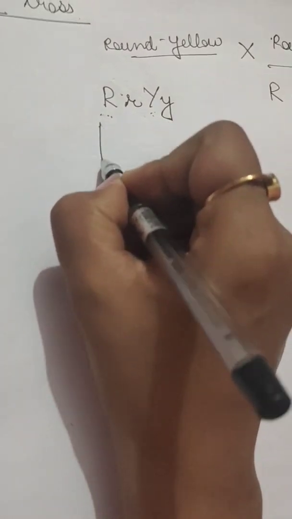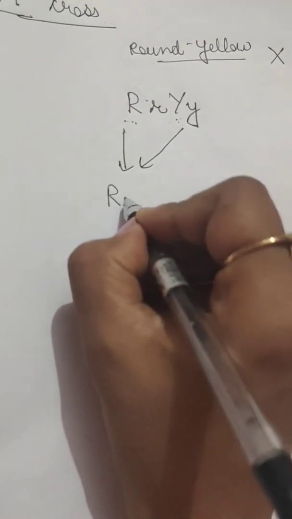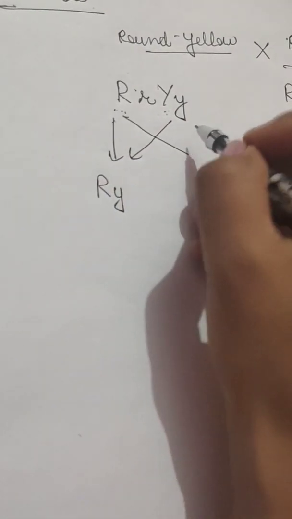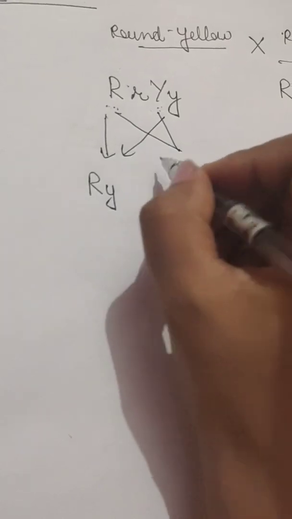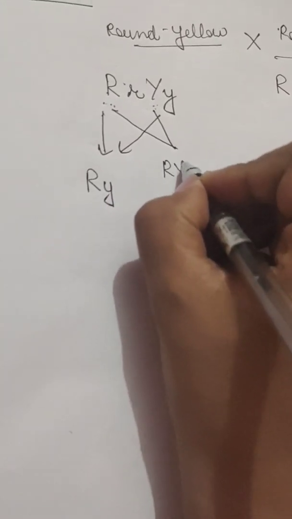Okay, so now after the crossbreeding like this, it will be R and small y, then capital R will crossbreed with capital Y. I have done it wrong. I had to be doing this like this.